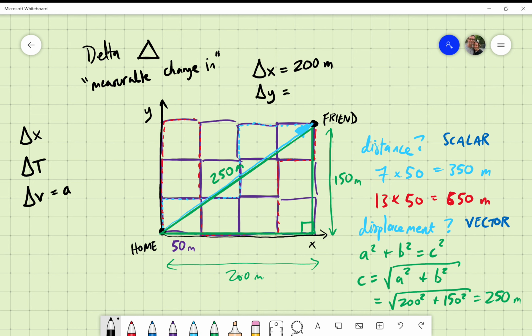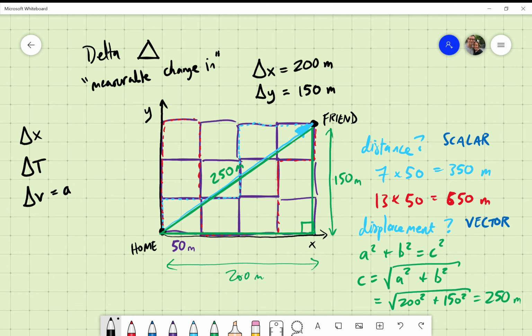You know where I'm going next. Delta y is 150 meters. That's that vertical 150. It's not really vertical, I guess. Maybe it's northerly or something. We're looking top down. But according to the coordinate system which I created, it is 150.